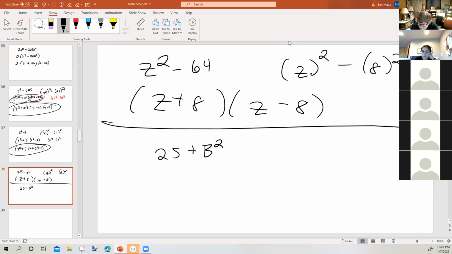Good. Is there a greatest common factor we can take out? Yes. Hmm. No. No. So is it factorable? No. So what is it? There you go. Okay. Let's see here.